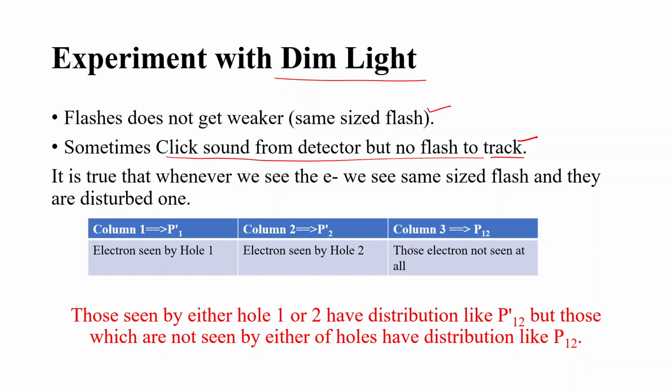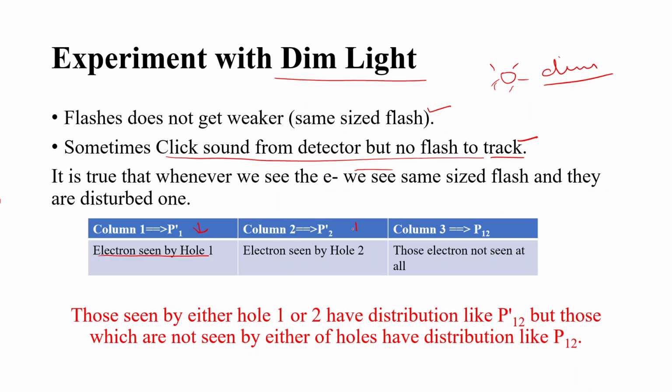So we have this column over here for the experiment when we have this light source dim. Okay, so in column 1 we are going to write P'1. So electrons seen by hole 1 come under this.